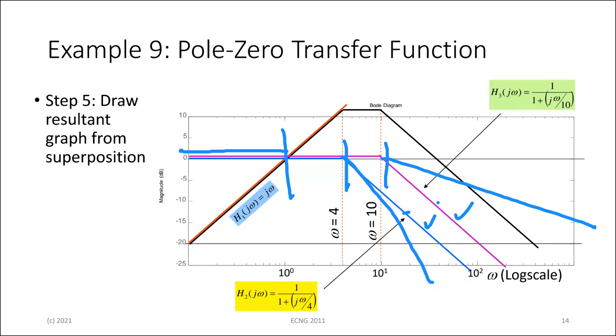What are the three lines doing between 1 and 4? What are the three lines doing between 4 and 10? And what are the three components or the three lines doing once you get past 10? And you draw a straight line for the performance in each of them, and that is your asymptotic plot for that particular transfer function. Yeah?